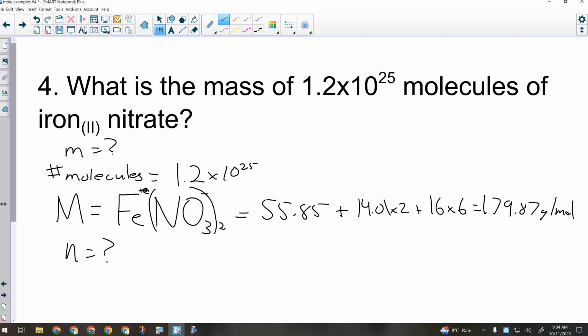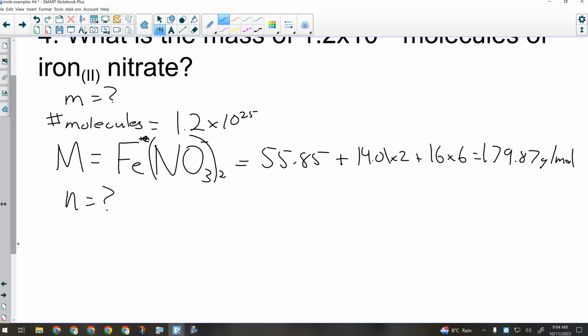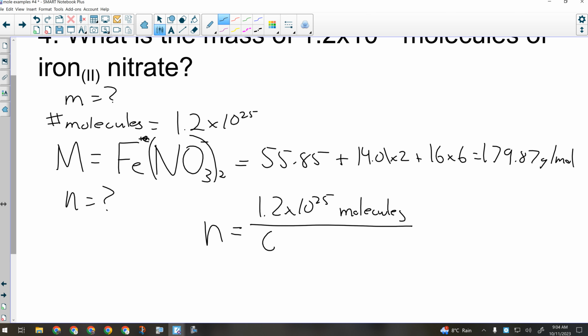If I'm going to find mass, I need the number of moles. I know the number of molecules, and I know Avogadro's number, which is the number of particles in 1 mole. So I should be able to do this. If I take the number of molecules and divide that by Avogadro's number, molecules will cancel and I'll be left with moles.